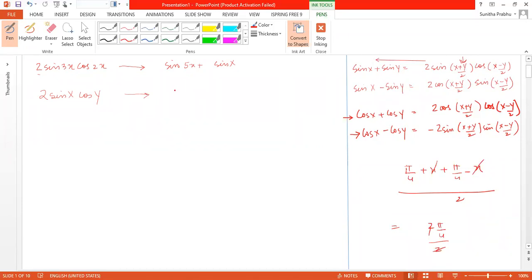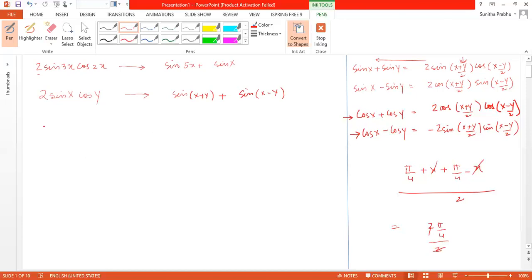So if I have it in the form of 2 sine x cos y, it will turn out to be sine of x plus y plus sine of x minus y. Okay, good job.